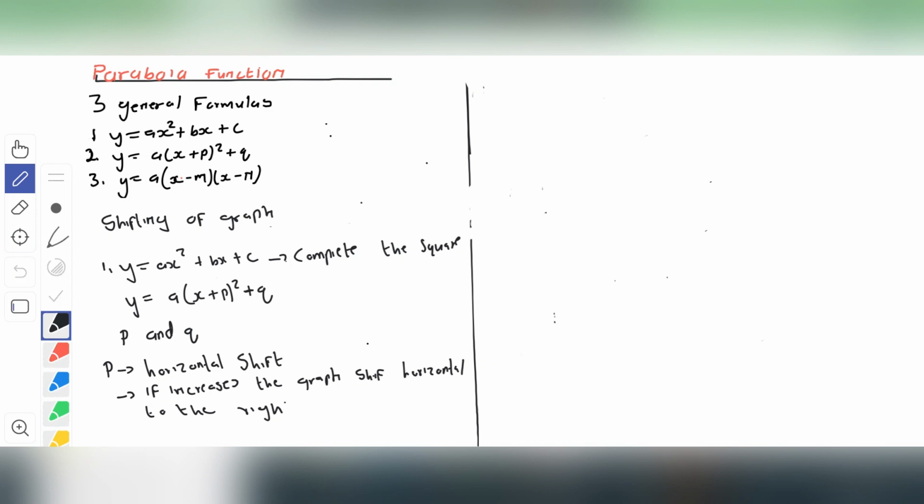To the right. Okay, sorry for the spelling.